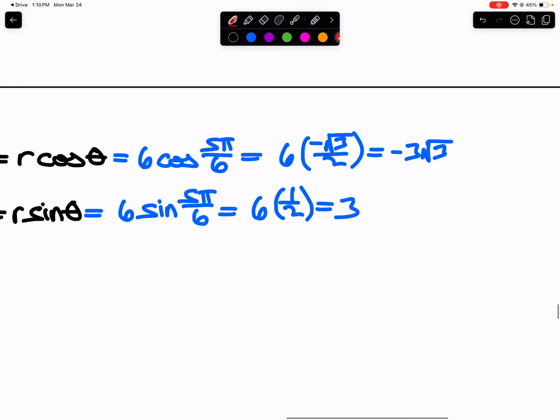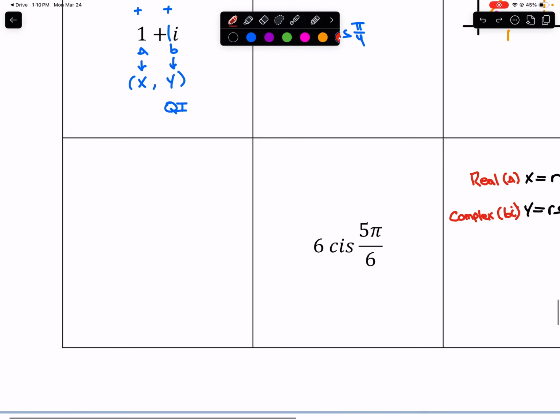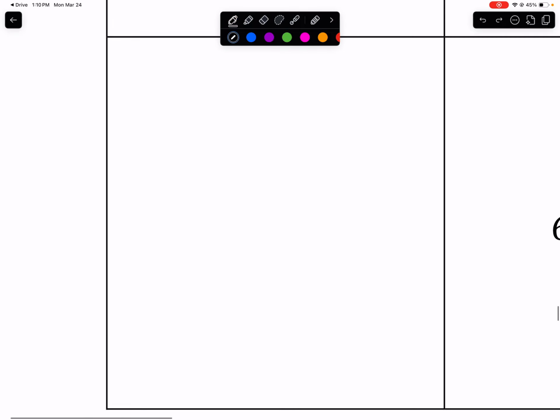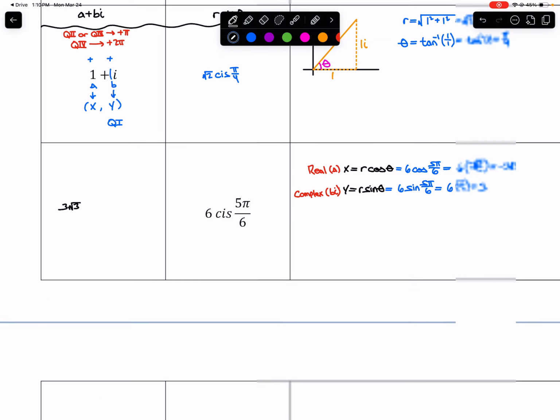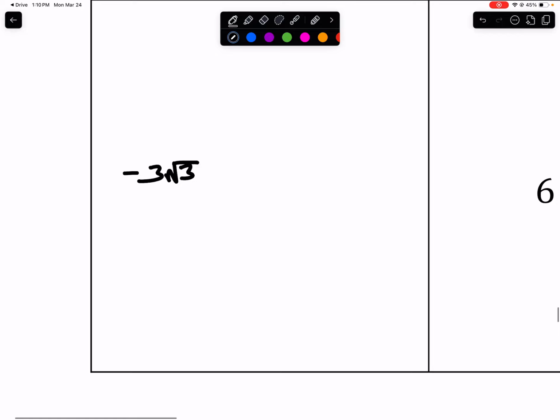So I'm going to add this value over here. I'm just going to tack on an i with it when I actually write it in. So over here, when I write the rectangular form, we're going to have 3 root 3. Or is it negative? Yes, it is. Negative 3 root 3, and then plus 3. And then because it's rectangular, with the b component, you just include the i. There we go.